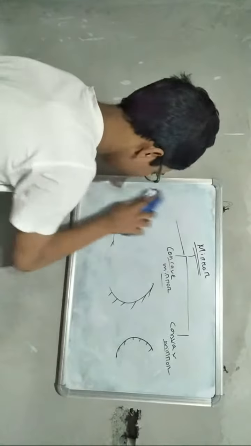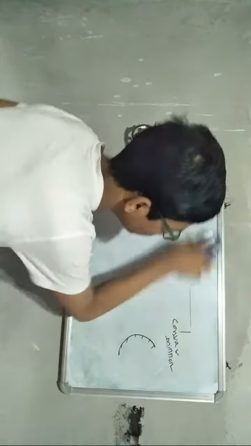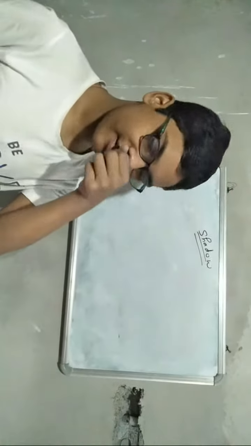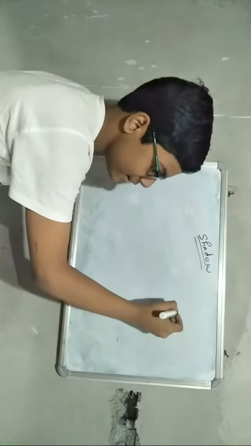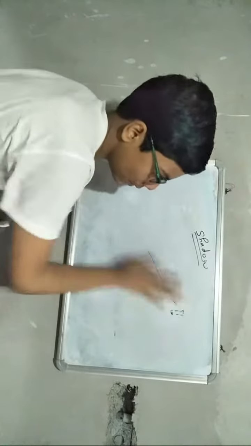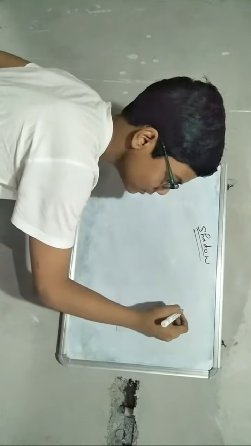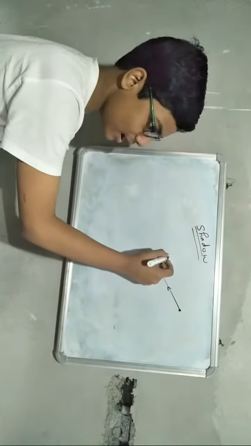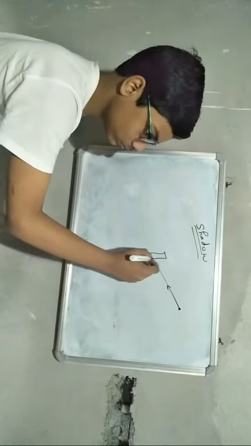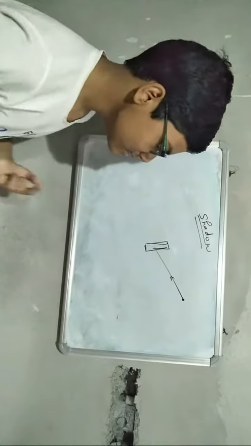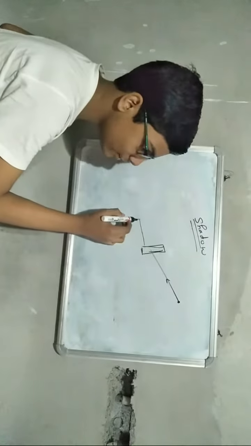So now, coming to shadow. Now what is a shadow? If a light ray is coming from a source, and in between the light ray an opaque object is placed, the opaque object blocks the light, and thus it forms a shadow.